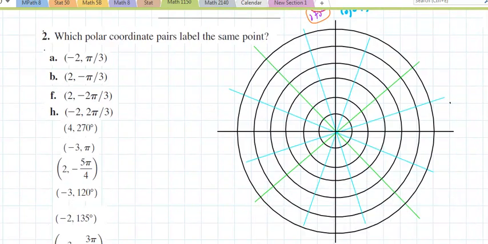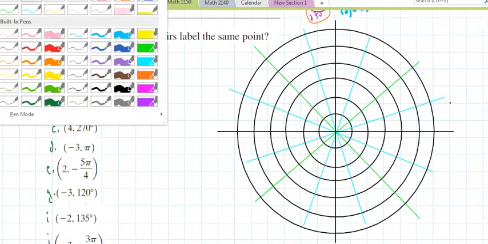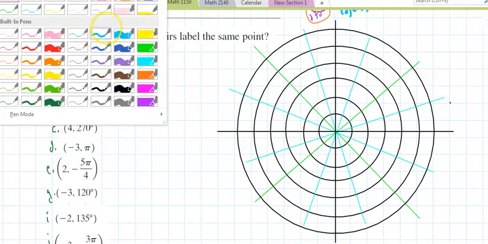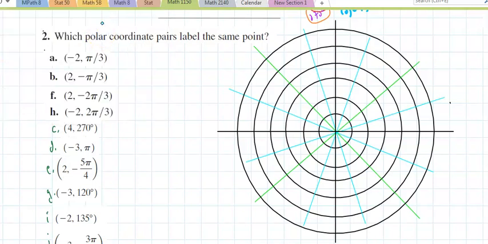If I'm looking at this graph right here and I want to label, the book gives a few problems: A, B, F, G. I'm going to call this C. I'm going to call this D. I'm going to call this E, F, G, I, and J. If I want to label those points, this turns out to be extremely important for the next section.